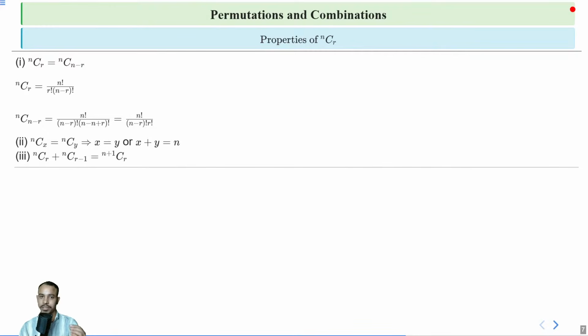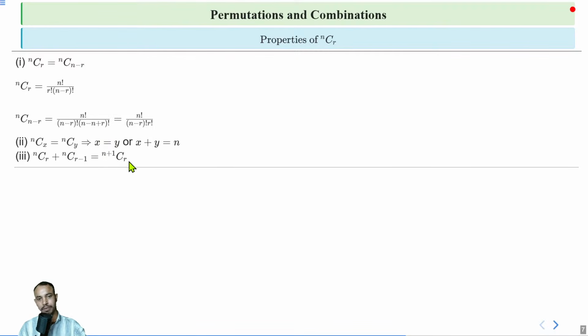Now let's look at the third property of nCr. In the third property, we have nCr plus nCr minus 1 equals n plus 1 Cr. What does it mean? Start from the RHS. n plus 1 Cr means you have n plus 1 different things and you are choosing r at a time.